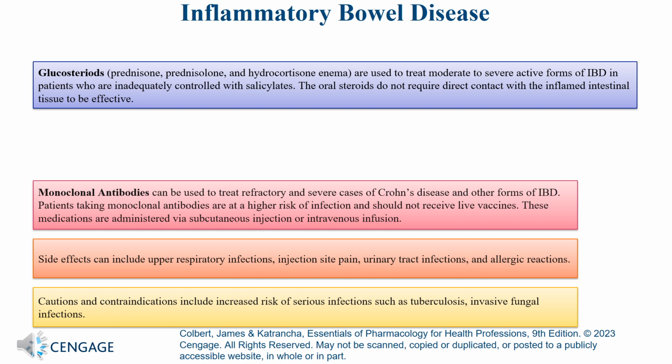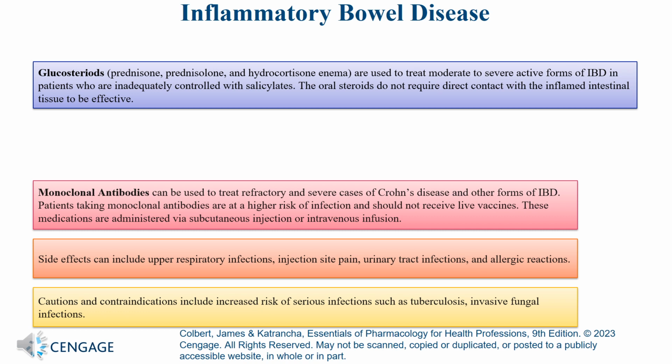Monoclonal antibodies can be used to treat refractory and severe cases of Crohn's disease and other forms of IBD. Patients taking these medications are at higher risk of infection and should not receive live vaccines. These medications are administered via subcutaneous injections or IV.